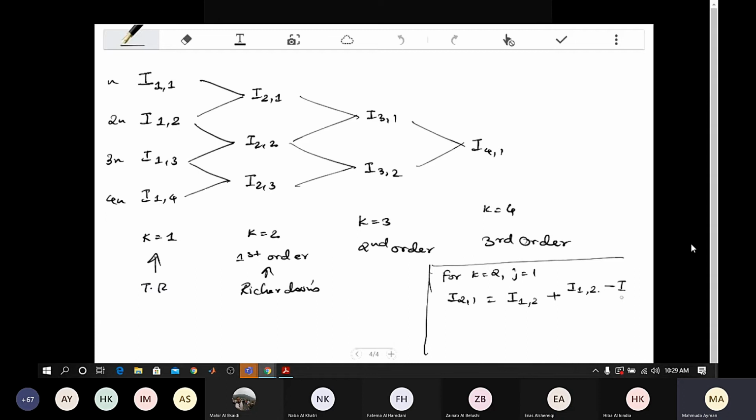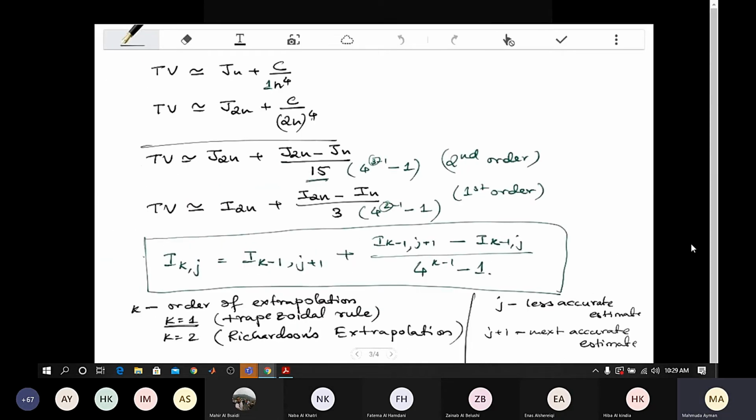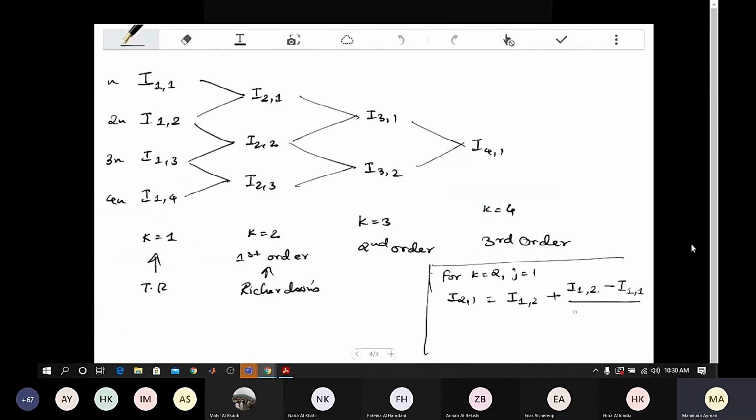So k is 2, 2 minus 1 is 1, comma j is 1, divided by 4 to the power k minus 1, minus 1. So 4 to the power 2 minus 1, which is 4 minus 1, which will be 3.